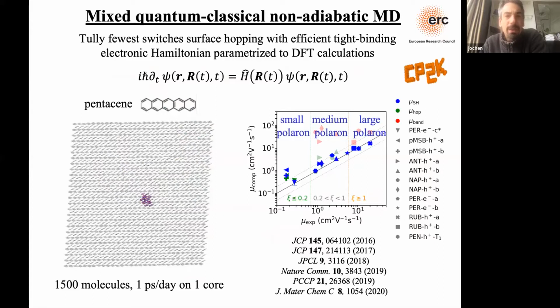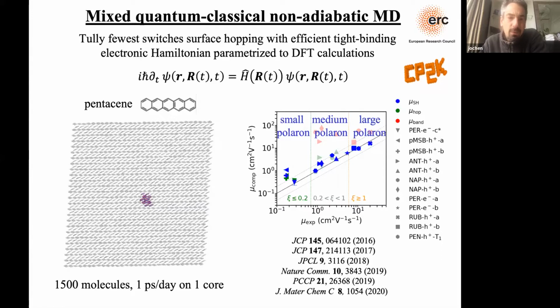We have developed a mixed quantum classical non-adiabatic methodology that allows us to propagate these charge carriers in time. This is the time-dependent Schrödinger equation that we solve, and we can do that very efficiently because we're using rather cheap electronic Hamiltonians that are parameterized to DFT calculations.